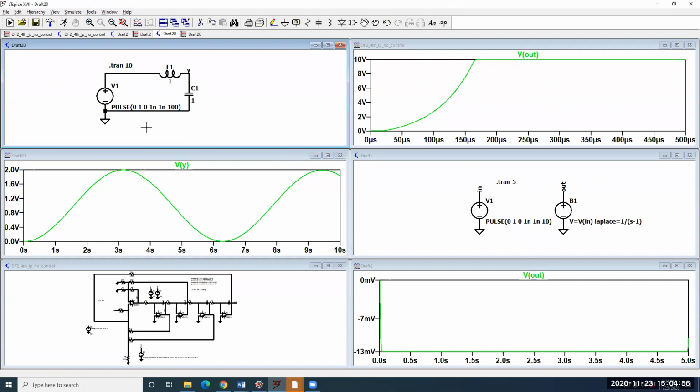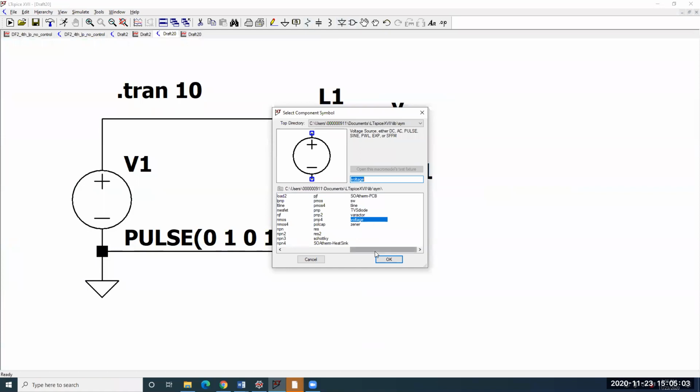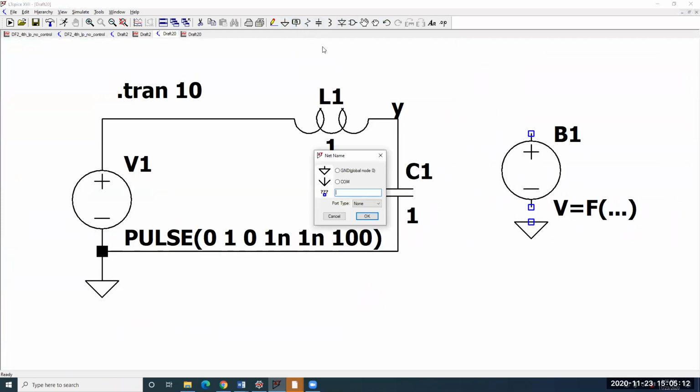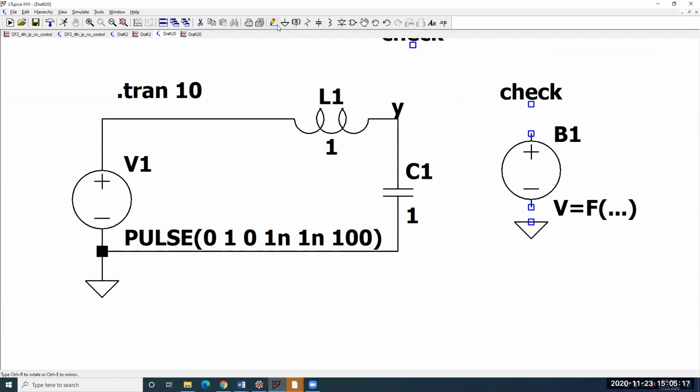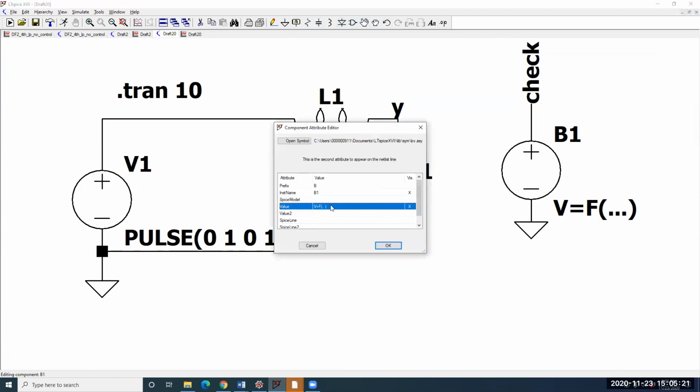Now, however, let's just do a quick thing. If we're to do the bode plot of this, let's say we want to check it, right? So, equals Vn.